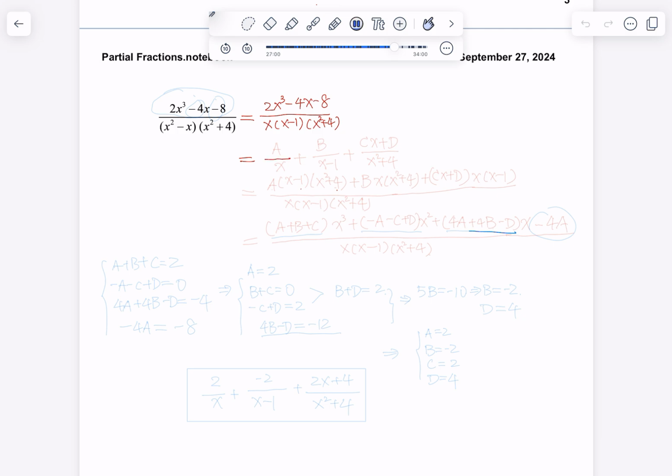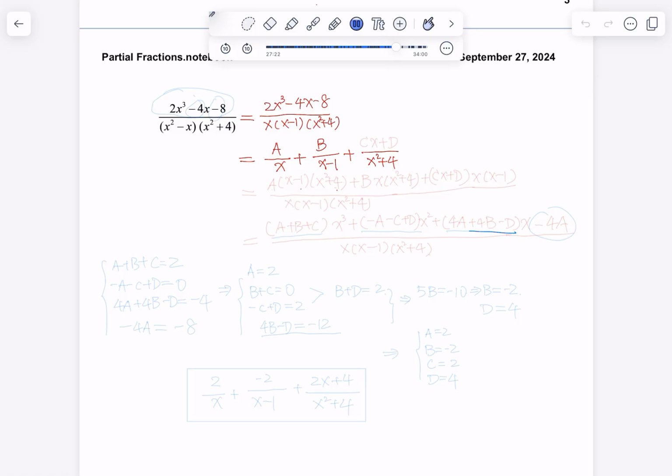Because of the linear factor x, the coefficient is A, plus the linear factor x minus 1 with coefficient B, then you have the quadratic factor.